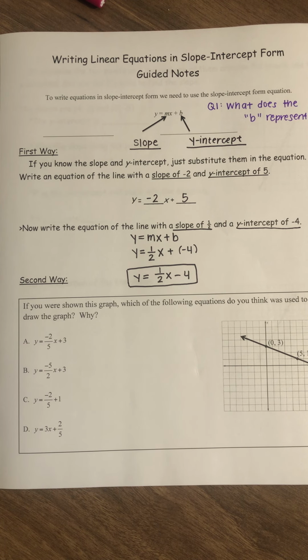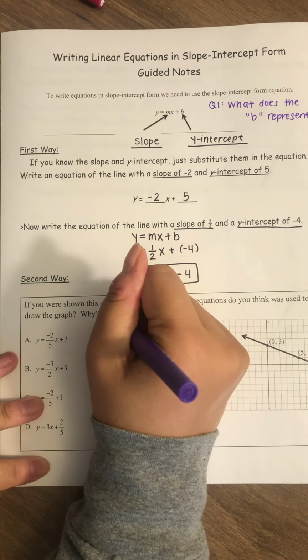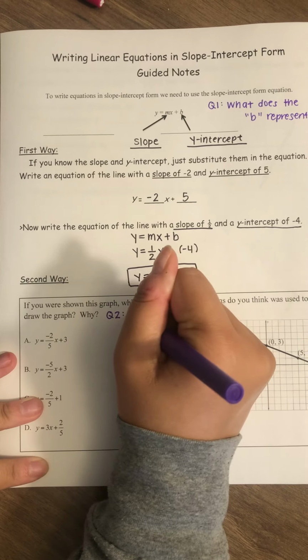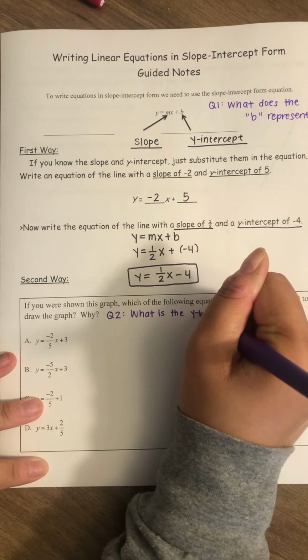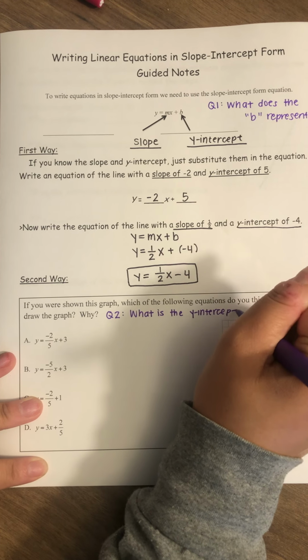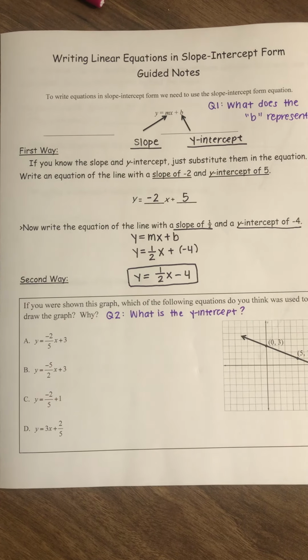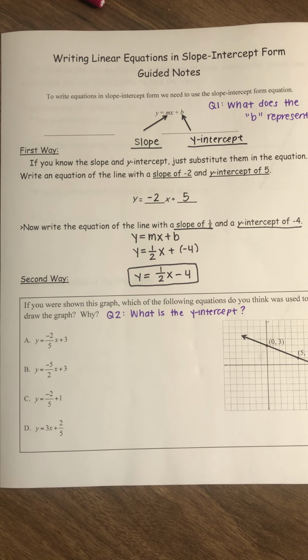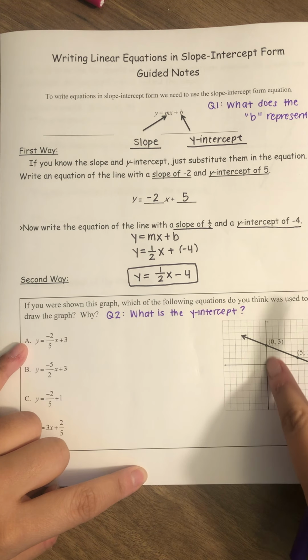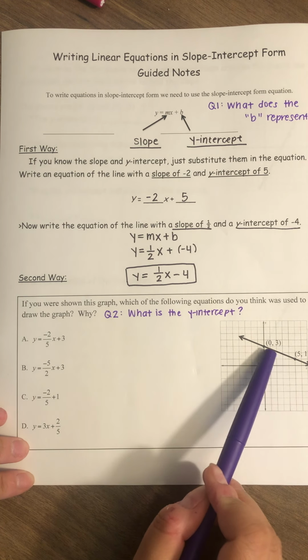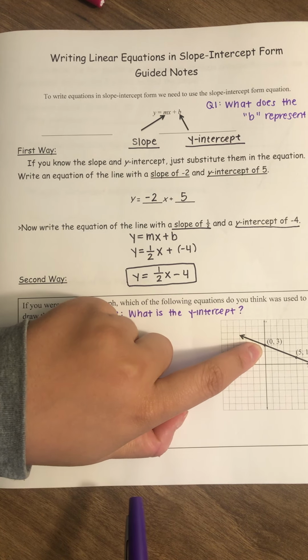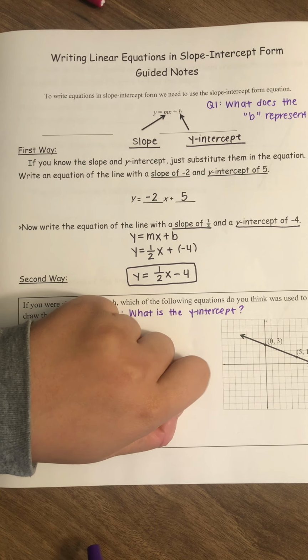And what I like to do first to eliminate options is to figure out what my y-intercept is. So for your second chat question, what is the y-intercept? Again, that is where the line meets the y-axis right here. Notice that this line meets the y-axis at the point 0, 3.